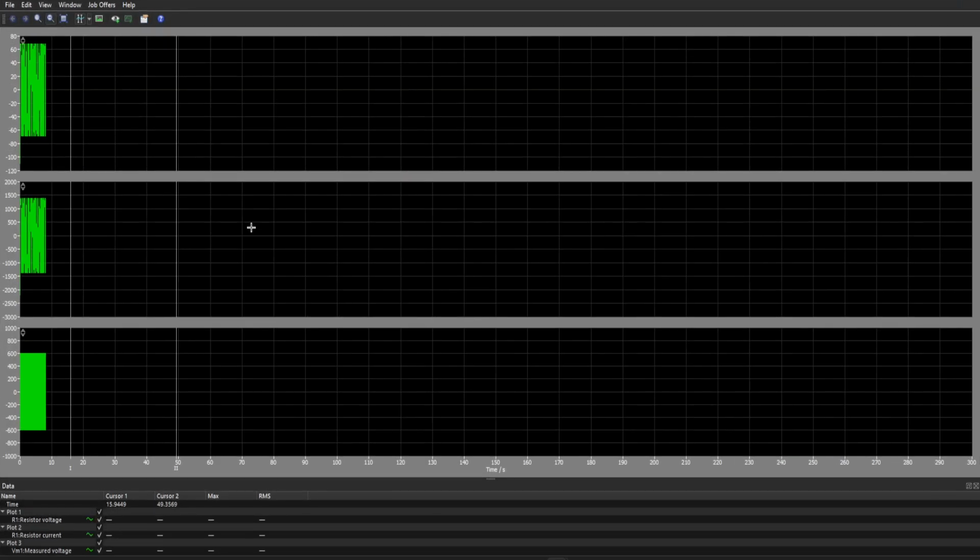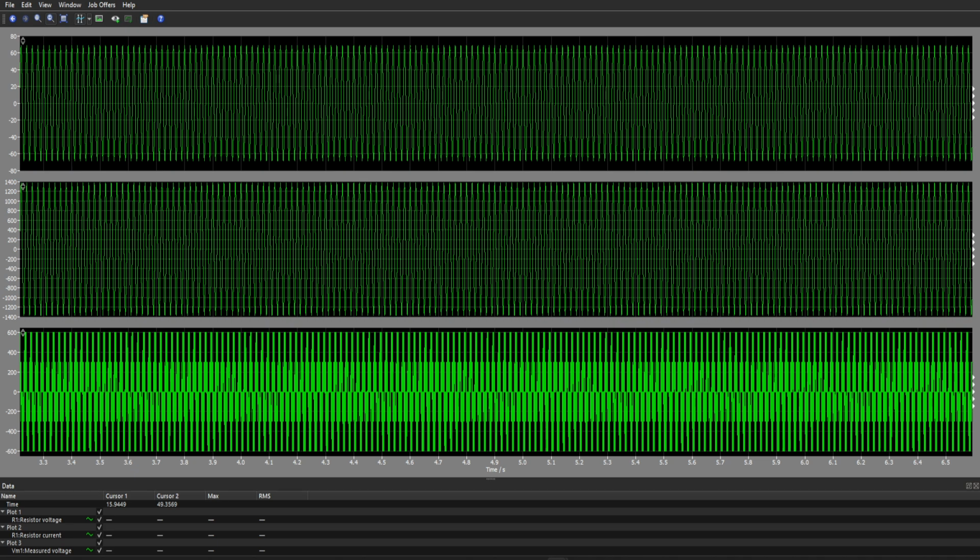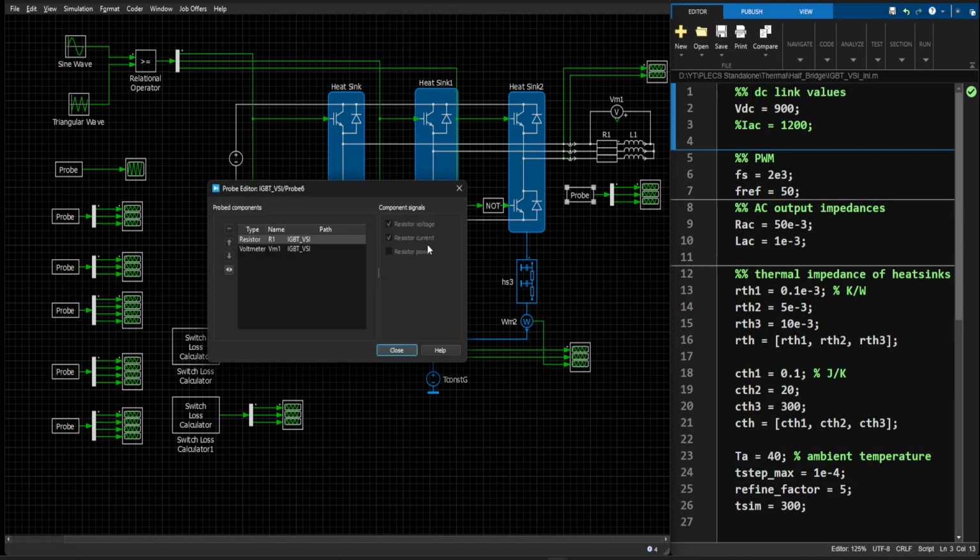Let's look at the output window. What do we have here? We have the resistor voltage, resistor current, and the phase voltage.